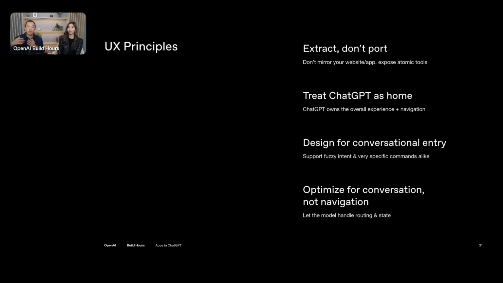Your MCP server can take that context and decide if it really wants to take action, or let the model know that it should ask for more information back. You have the ability to decide if you want to act on that intent, or you can provide an experience right away. So that's, I think, an important part of thinking about building a ChatGPT app and thinking about the different use cases and how people decide to engage with our platform and your app as well.